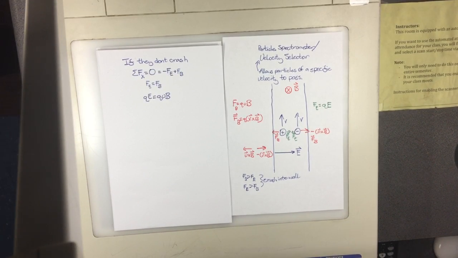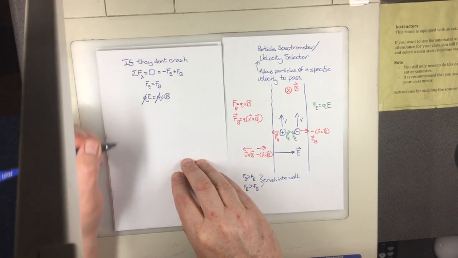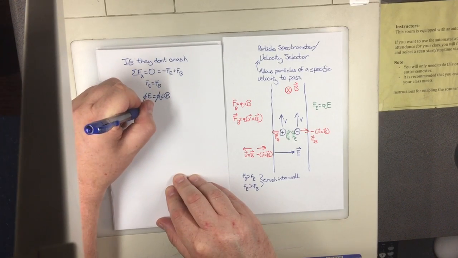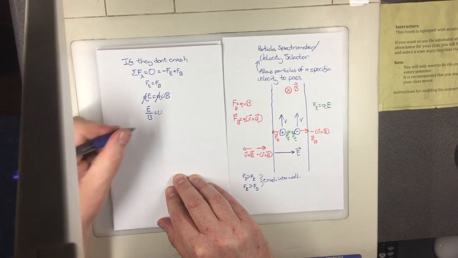Now this is one of the interesting points. The charge passing through is equal on both sides, so E divided by B is equal to the velocity.